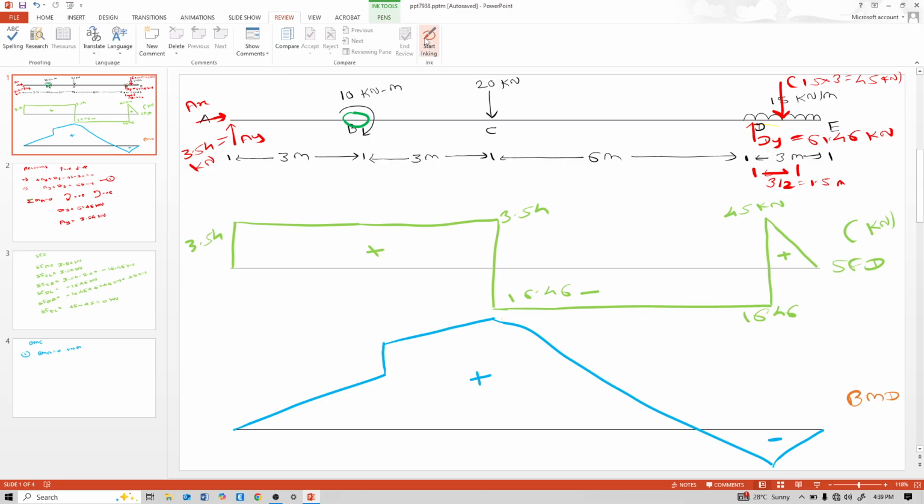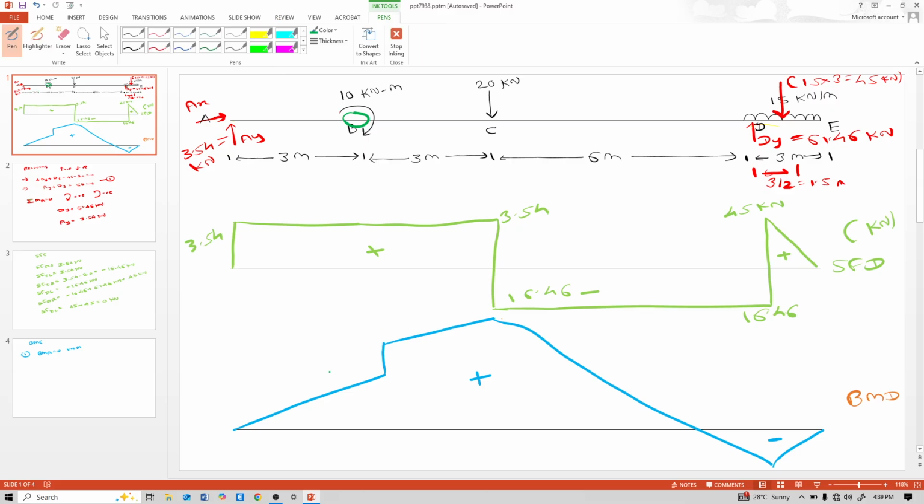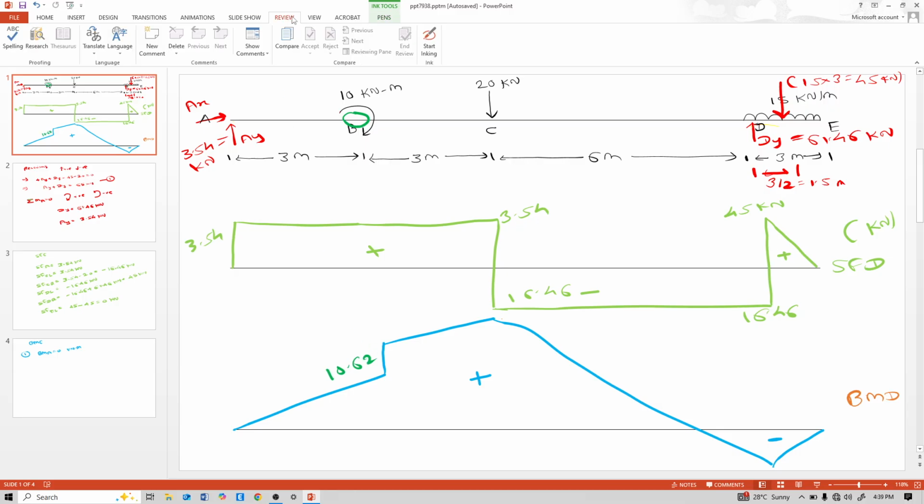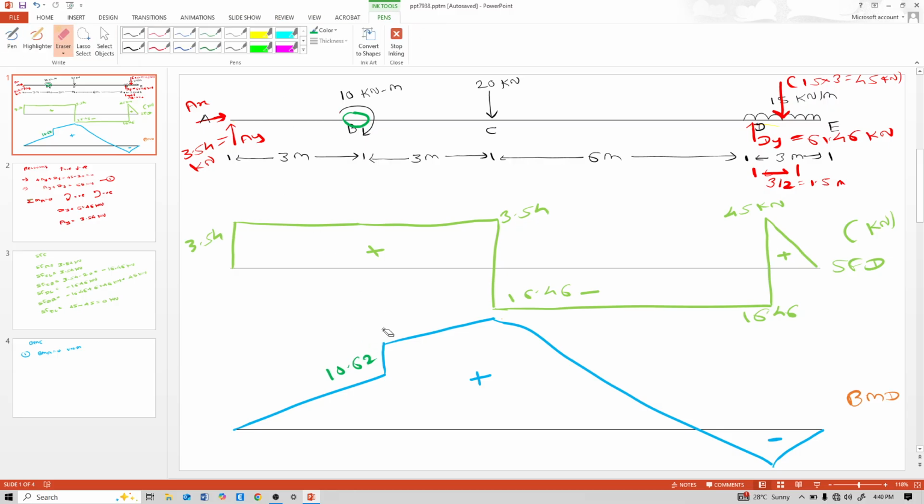So that means this is 10.62, and unit is kilonewton meter.